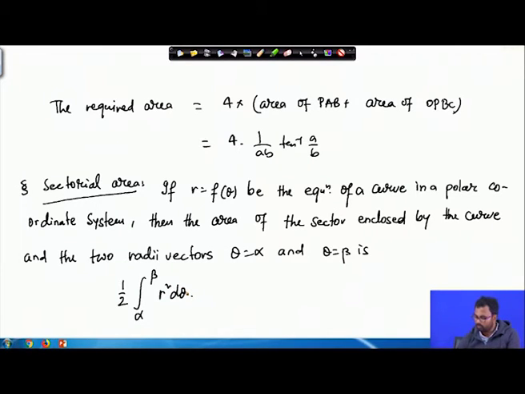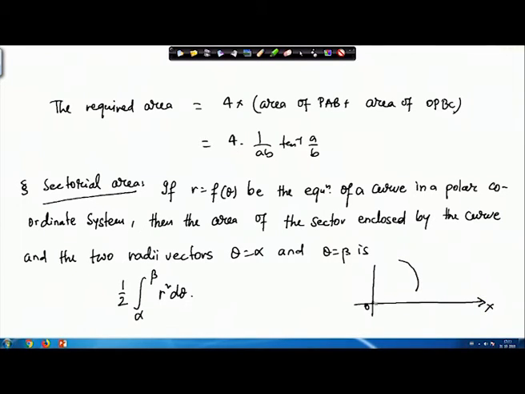We will not go into the proof, but what we mean is, suppose this is our x axis, and suppose this is a given curve. Now this point here is the point P, and this is our point A, and that's our B. So this angle XOA is basically angle alpha, and XOB is basically our angle beta.